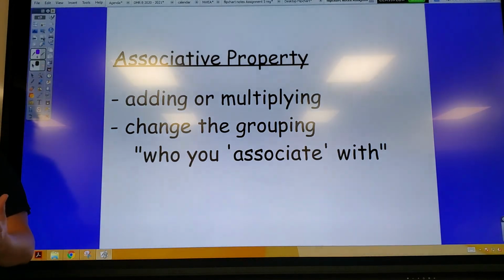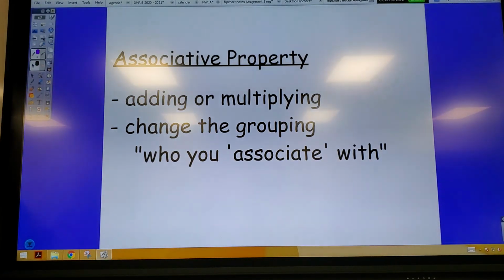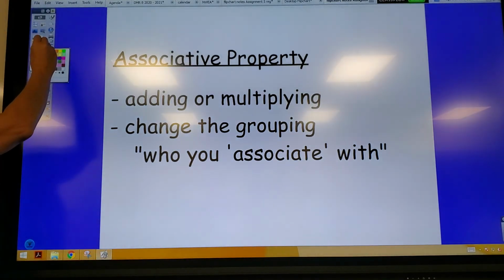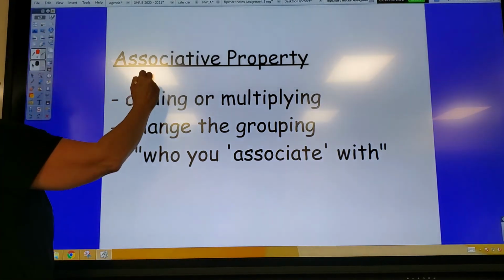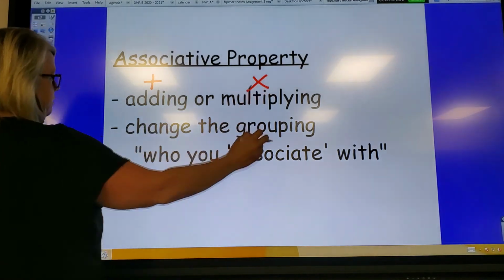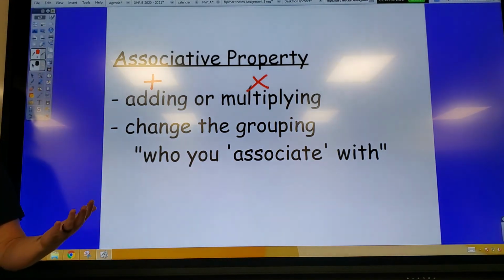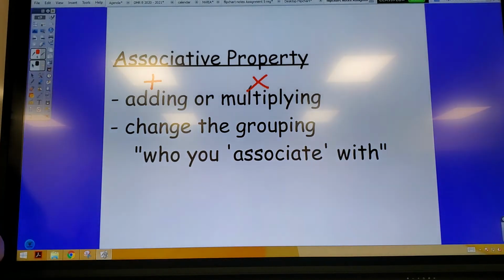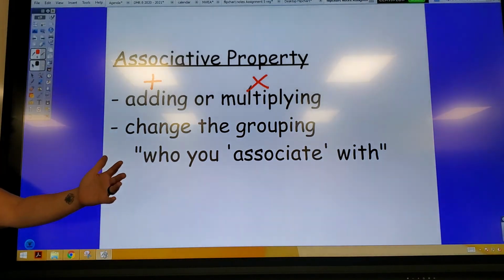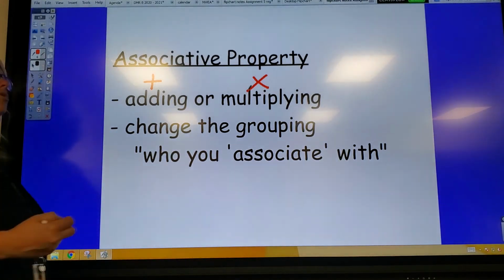associative property. So go ahead and write that name, associative property. Now the associative property is also only for adding or multiplying. And the purpose, the use of it is the same. It's to make it easier to add or to multiply, usually mentally. But instead of changing the order of the numbers, what you're changing is the grouping.